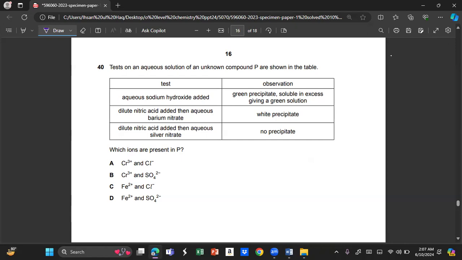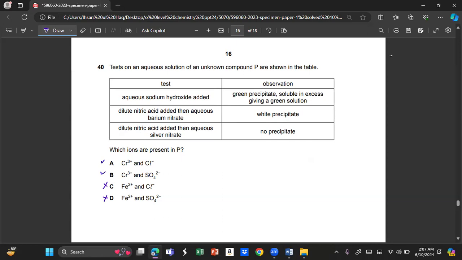So, green precipitates with a few drops of sodium hydroxide are for either chromium 3 or iron 2. But iron 2 precipitate is insoluble in excess, but he says it is soluble in excess. So the options of iron have been rejected. Only option A and B will be considered.